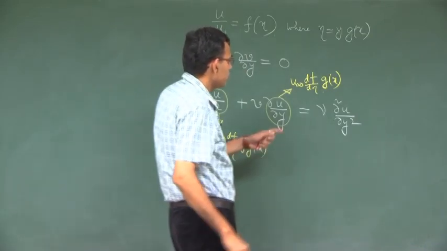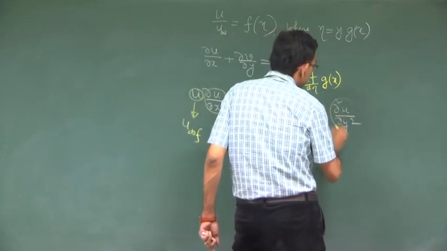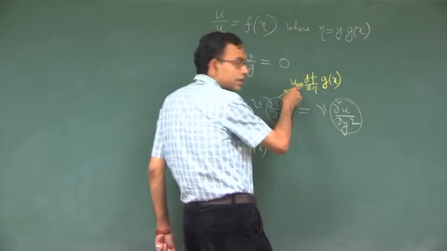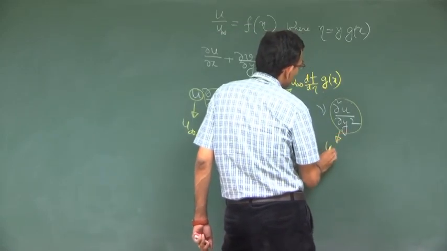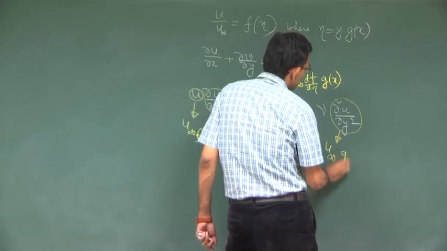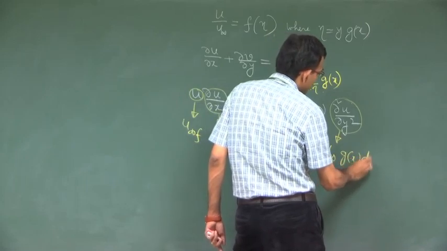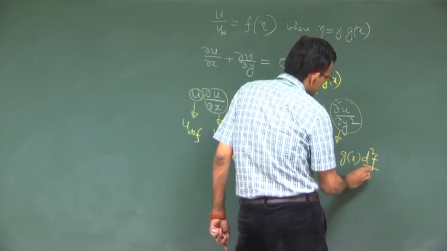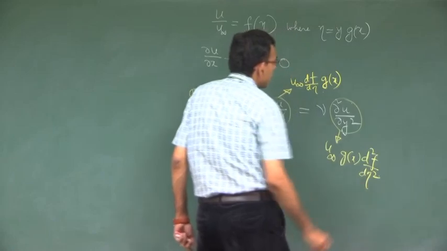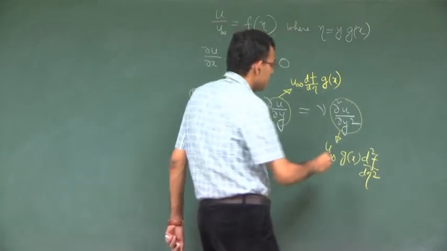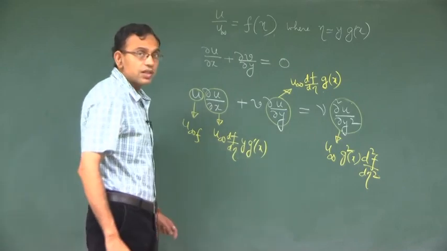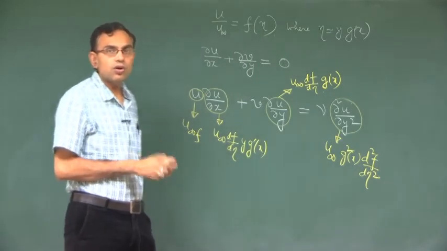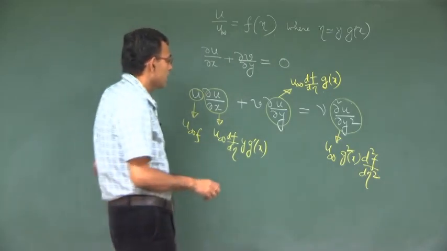So, if you want to evaluate this, this is a second order derivative of this one. So, u infinity g(x) into del eta del y is another g(x), that will make it g square. So, the strategy we will follow is something like this.